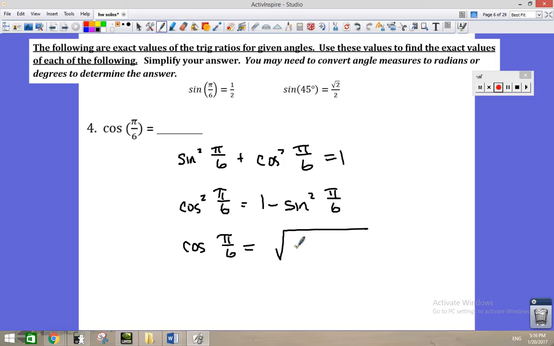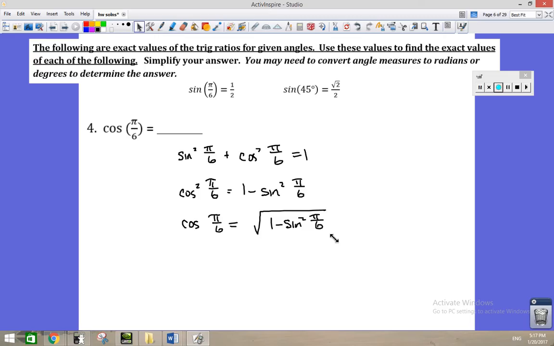I know it's going to be positive, and I've got the square root of 1 minus sine squared of pi over 6. And they give me in the information above what sine of pi over 6 is. So I know now that the cosine of pi over 6 is the square root of 1 minus the sine of pi over 6, which is 1/2, squared. And if I square that, what do I get?